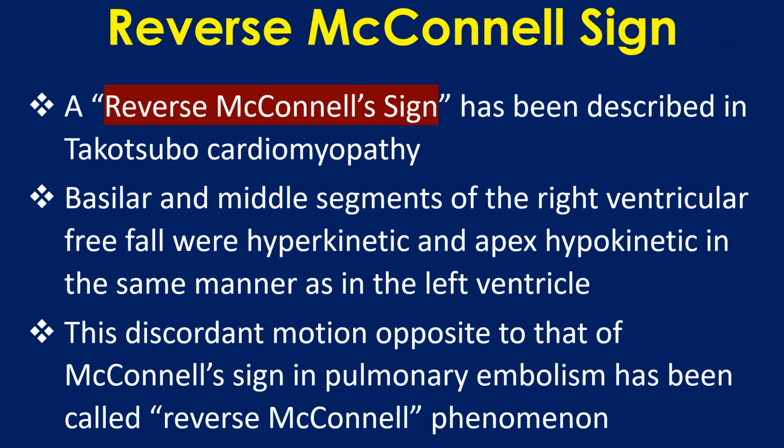A reverse McConnell sign has been described in Takotsubo cardiomyopathy. Basilar and middle segments of the right ventricular free wall were hyperkinetic and apex hypokinetic in the same manner as in the left ventricle. This discordant motion opposite to that of McConnell sign in pulmonary embolism has been called reverse McConnell phenomenon.